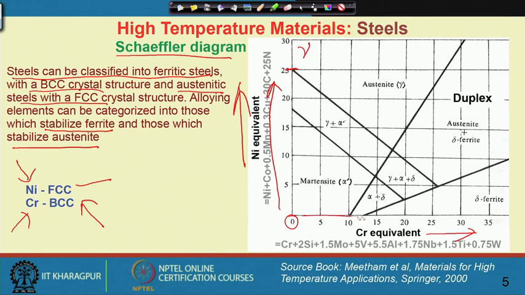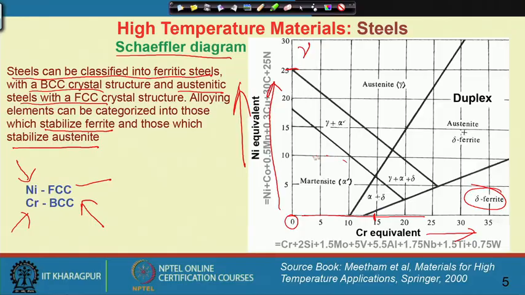On the other hand, along this side, if we go above 15% of chromium, then we will get ferrite. However, what we call ferrite here is delta ferrite, meaning the high temperature ferrite, with a higher lattice parameter.